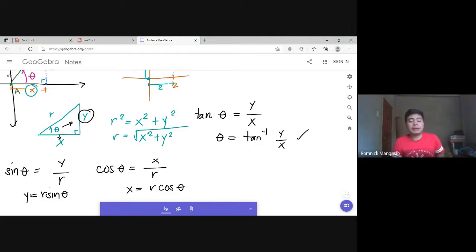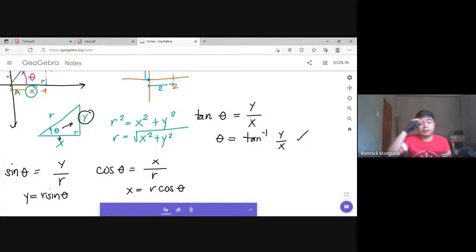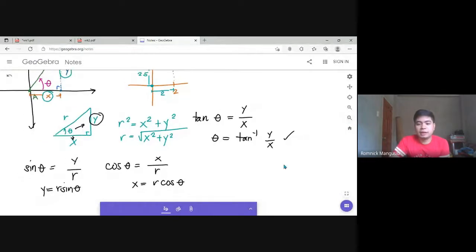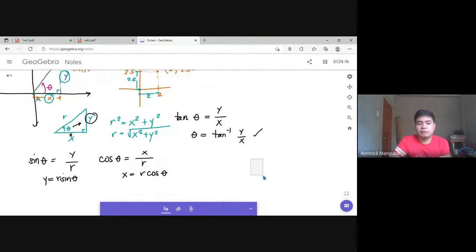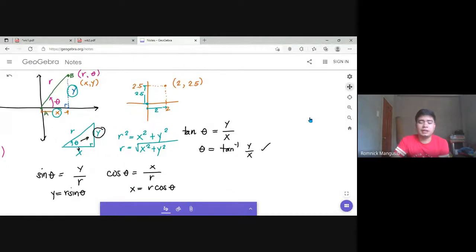So ganyan nanggaling yung mga formula na yan. At kapag marunong kayo sa pag-illustrate, sa tingin ko another advantage nyo sa pagsosolve kapag nagdo-drawing kayo at naiintindihan nyo kung anong tinutukoy ng drawing ninyo, mas nagigets nyo din ang sinusolve nyo, I think.